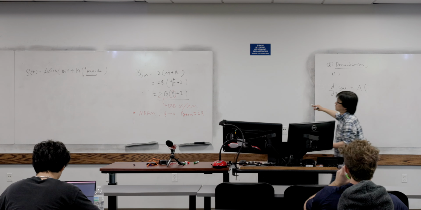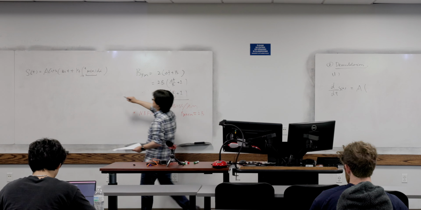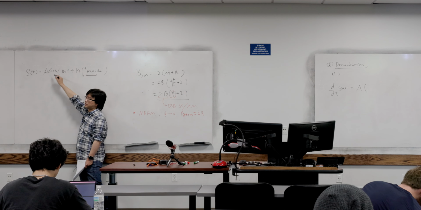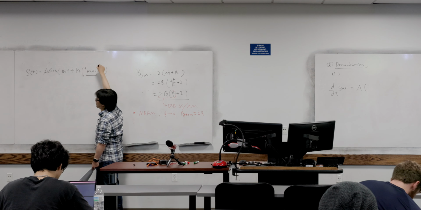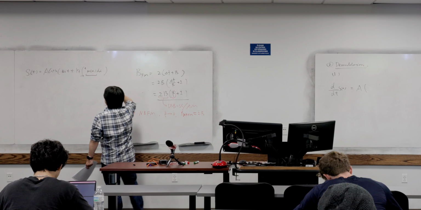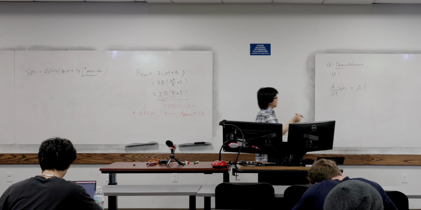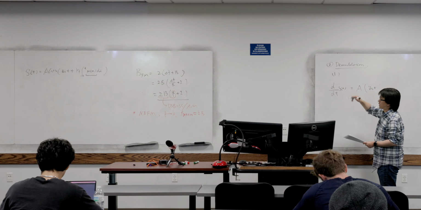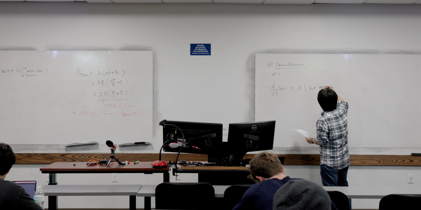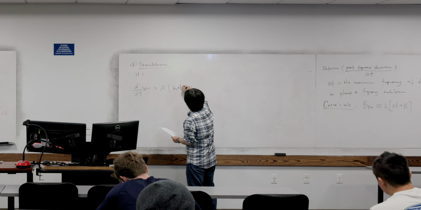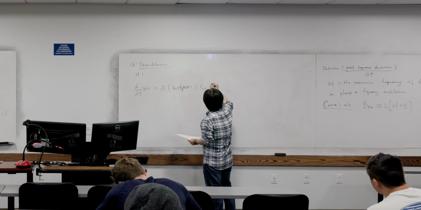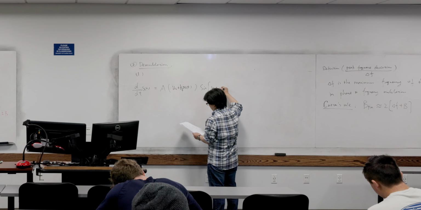Remember, the derivative is with respect to t. When you do a derivative of this, you get a sine, and then do a derivative of the whole thing inside. That's the chain rule of derivative. So what's inside is omega c plus, for the second term, we just get m(t), and we have constant kf in front, and then we have a sine, because the derivative of cosine is just a sine.